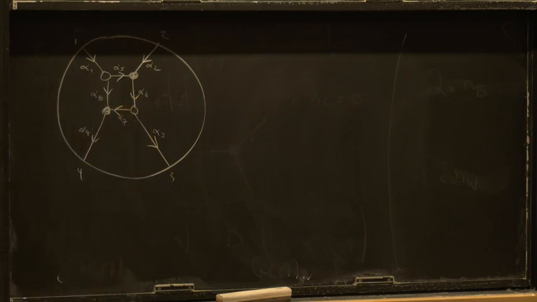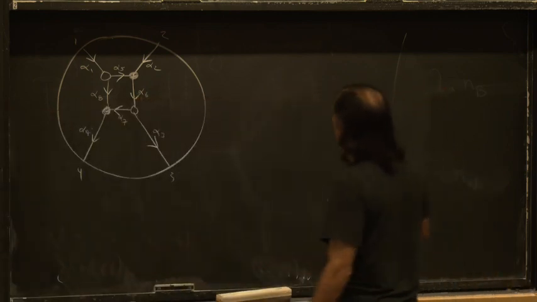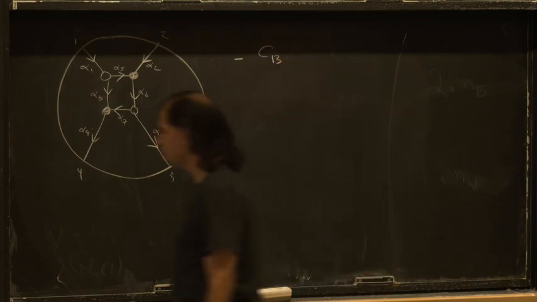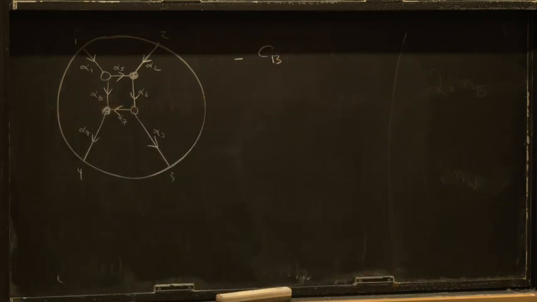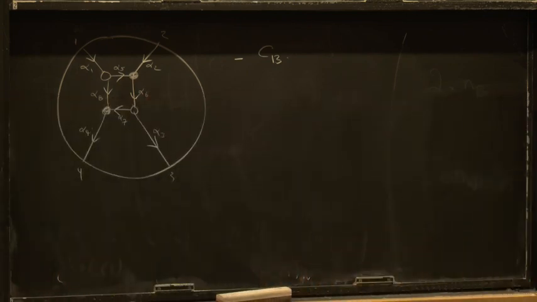So I have naively 8 variables here. Let's write down the formula. So what is negative C13? I just have to draw all the paths that I can between 1 and 3. Notice last time we talked about this left-right permutation path. This has nothing to do with that. We'll come back to that in a second. This is just paths following the arrows in the orientation, nothing else.